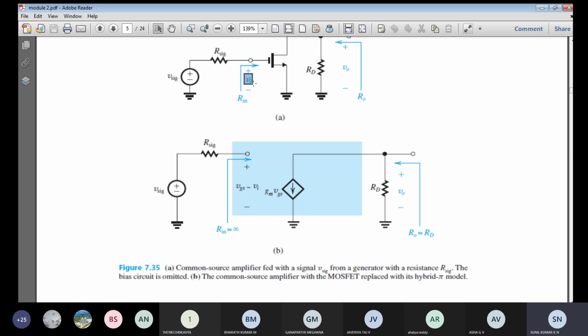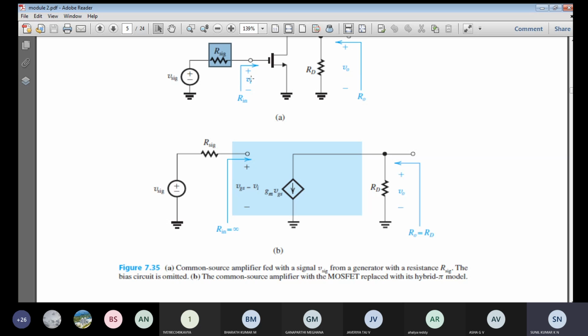Since the amplifier input resistance is infinite, that is Rin equals infinity, whatever signal source voltage you apply to the gate terminal will effectively appear here without any signal division loss. So voltage loss will not be there.